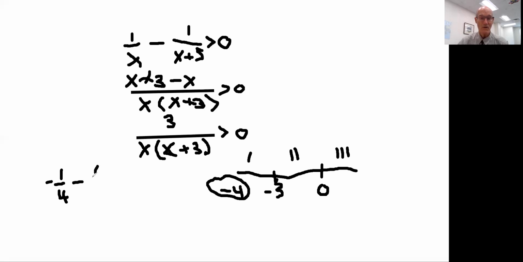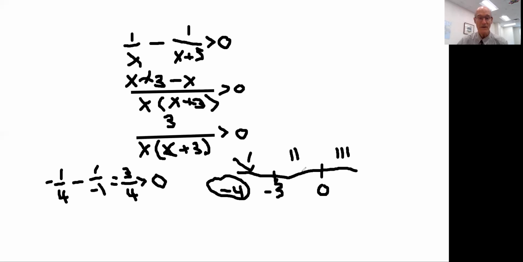So minus a quarter minus 1 over minus 1, and that is equal to 3/4, which is greater than 0. So that means this region out here to the left is a good region. I put a check mark there.